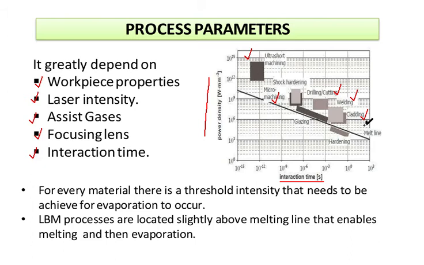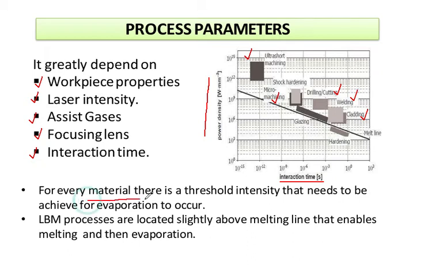So you can see from this particular slide how power density and interaction time affect every operation, be it ultra short machining, micro machining, drilling, cutting, welding, cladding, any operation you perform. You are going to vary the power density along with the interaction time.